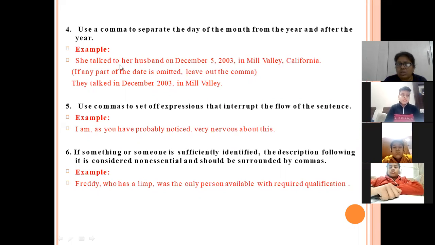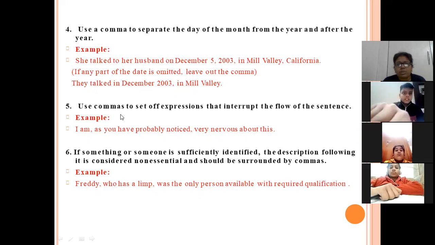She talked to her husband on December 5, 2003, in Mill Valley, California. So everything you have separated by using commas here, right? If any part of the date is omitted, leave out the comma. If there is no date here, only month is given. So how will you write? They talked in December 2003, in Mill Valley. That's okay.